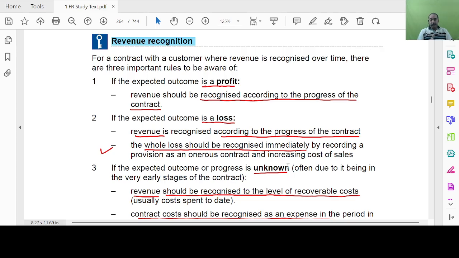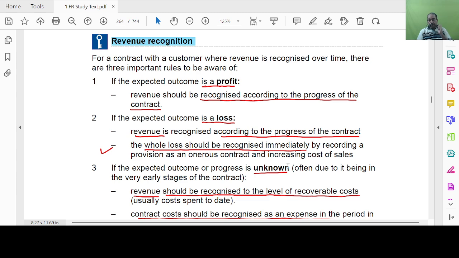But the whole loss should be recognized immediately, keeping in mind the principle of conservatism: if we are anticipating a future loss, we have to make a full provision for that loss, but if we are anticipating a future profit, we cannot make a provision for it. So if there is an expected loss, the whole of the loss has to be provided for immediately.